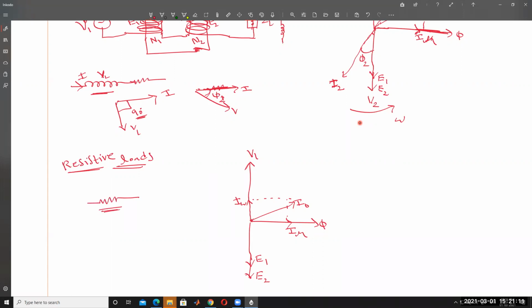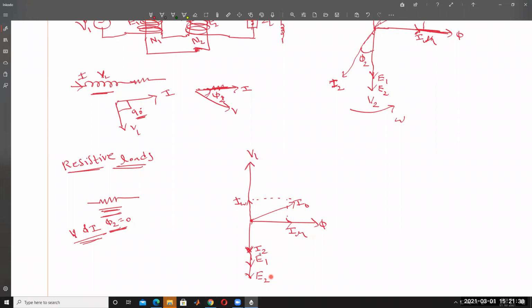For a resistive load, the angle between voltage and current, phi 2, is equal to 0. You know well, phi is the angle between voltage and current. So the angle between E2 and V2, I2 is 0. That means I2 and E2 are both in phase.